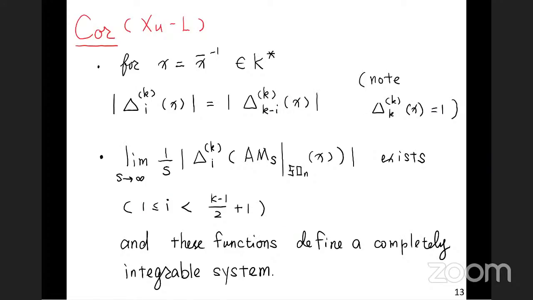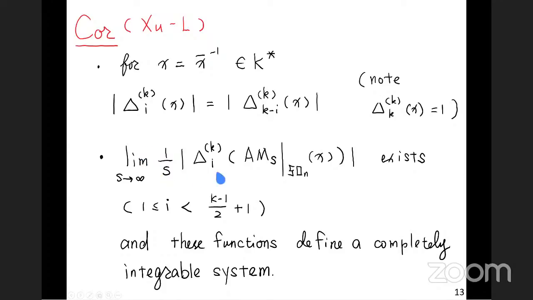I write it as a corollary because the proof is not that hard, and it is actually our new result. If we take the fixed locus of K star under the map iota, one can check that the minors of X are equal.